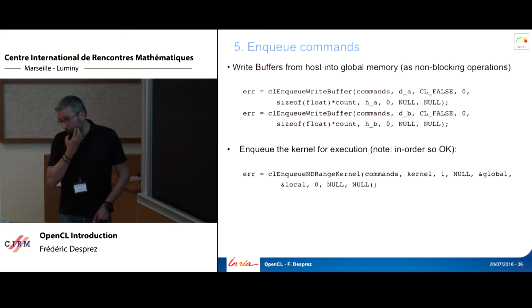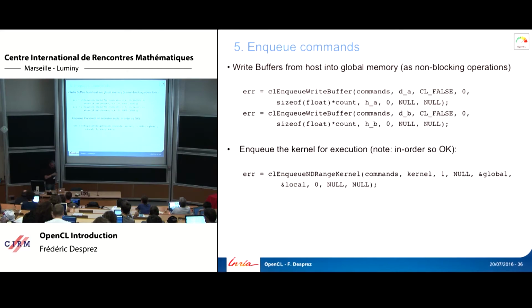And finally, you should enqueue commands. And so you should send the data inputs, DA and DB, with a write buffer. These commands are sent asynchronously because they can be moved completely in parallel. And so you send the kernel for execution. So it's supposed that there's a synchronization before the execution of the kernel.